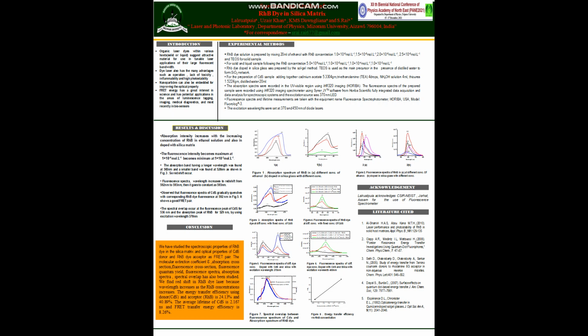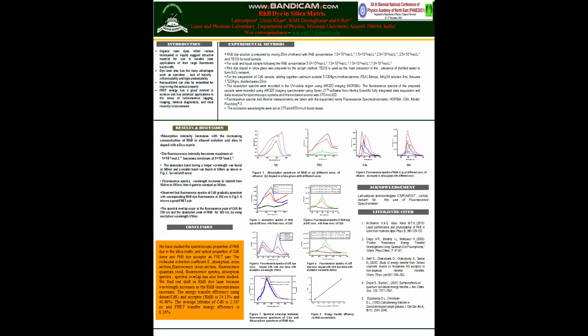So for our experiment number 3, that is absorption and fluorescence spectra of rhodamine dye in different concentration with a fixed concentration of CdS, as shown in figure 3 and 4. Here we can see that absorption band having a longer wavelength was found at 568 nanometer, and smaller band was found at 526 nanometer.